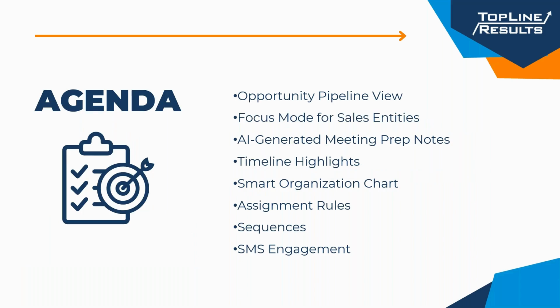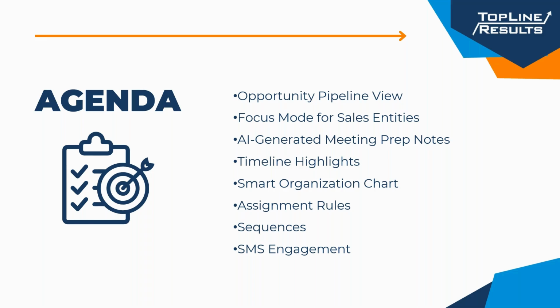Now, as for what we'll be covering today, we're going to jump into a couple of our different views that we can see on our sales entities and opportunities, and that'll be our opportunity pipeline view, as well as our focus mode. We'll also take a look at some of the Copilot enabled features, such as using AI-generated meeting prep notes, and also how you can summarize your activity timeline and get a couple highlights.